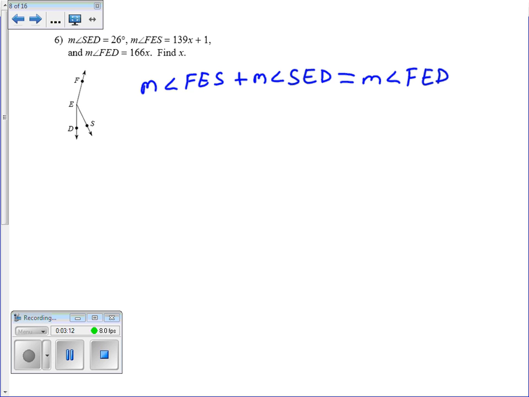I know SED is 26, so this is 26 degrees. I also know that FES is 139x plus 1. I also know that FED is going to give me 166x. Okay, and put in my plus and my equal.